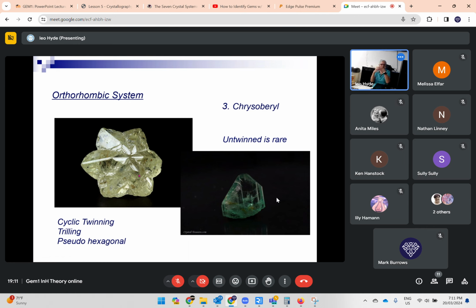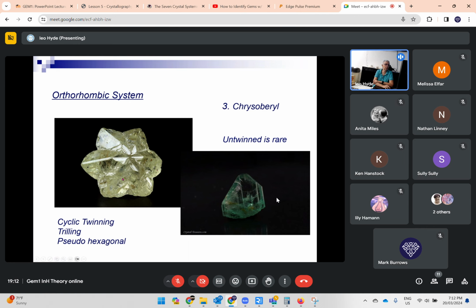There's this intergrowth between a crystal, and so it ends up looking like a flower. So it ends up with 1, 2, 3, 4, 5, 6 points. So your first reaction would be to say, oh, hexagonal, but it isn't. It's actually chrysoberyl looking like that, because these little indents here are evidence of what we call twinning, which we'll do in a minute.